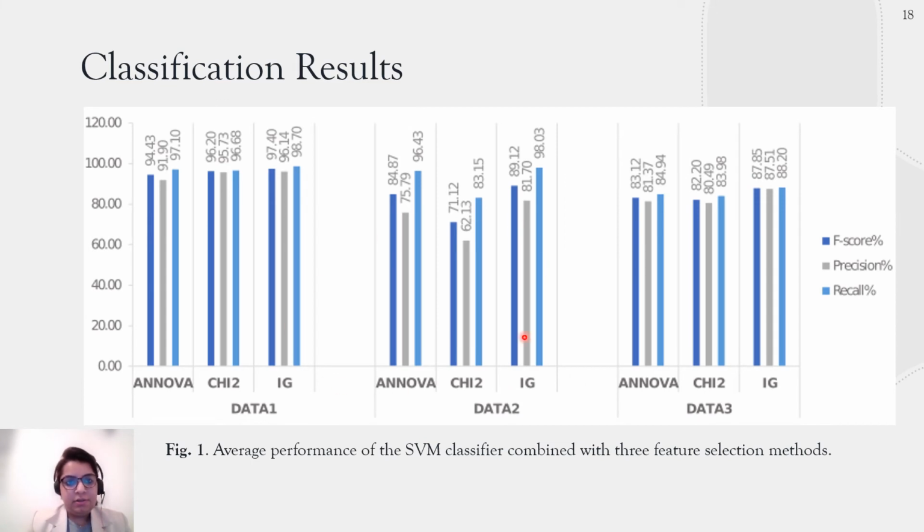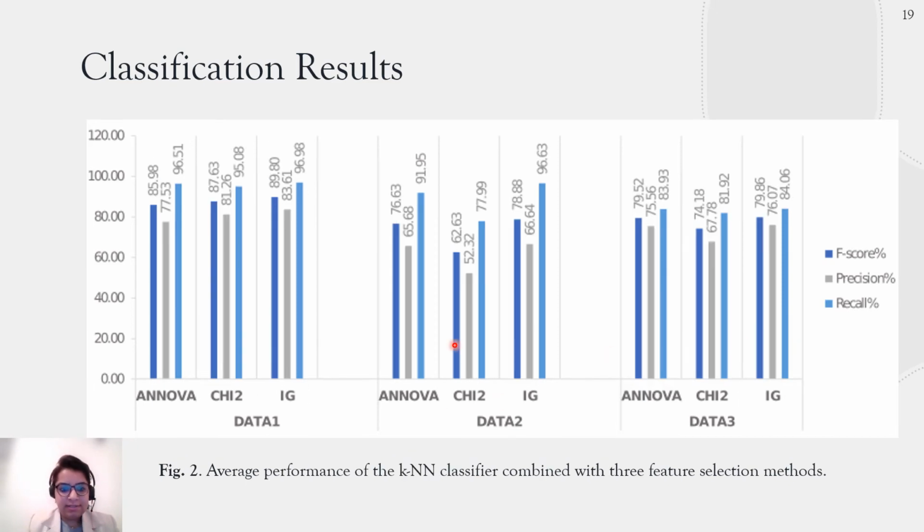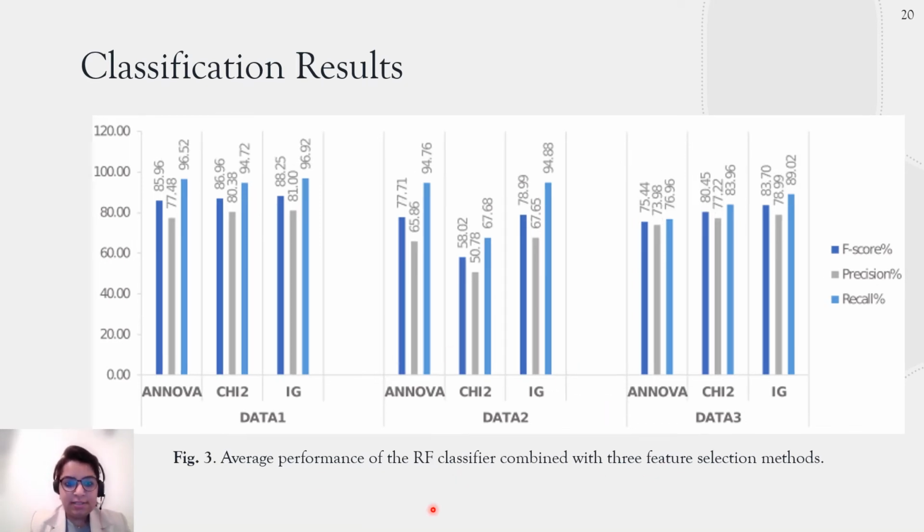Next, this plot shows the average performance of the SVM classifier, which is combined with three feature selection methods. This shows the other performance metrics: F score, precision, and recall percentage. This figure shows the average performance of these metrics for the KNN classifier combined with three feature selection methods. Next, this figure shows the average performance of the random forest classifier for these metrics combined with three feature selection methods.